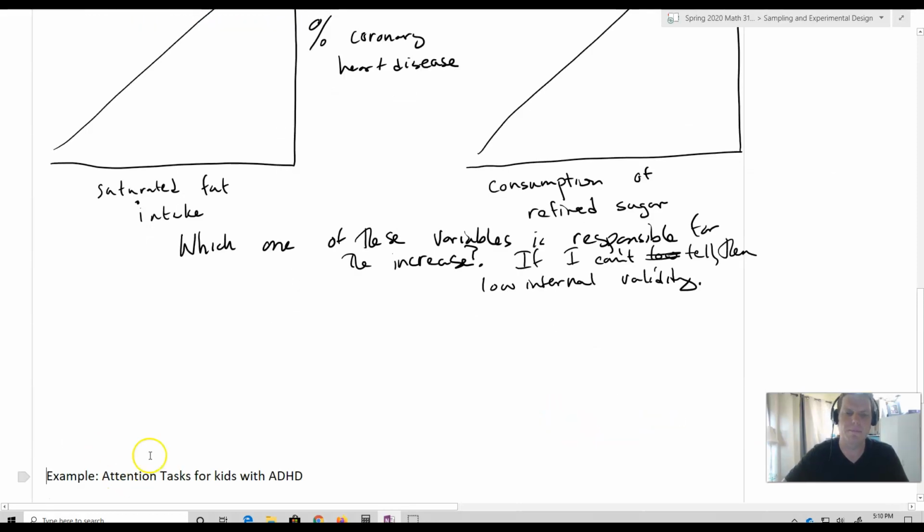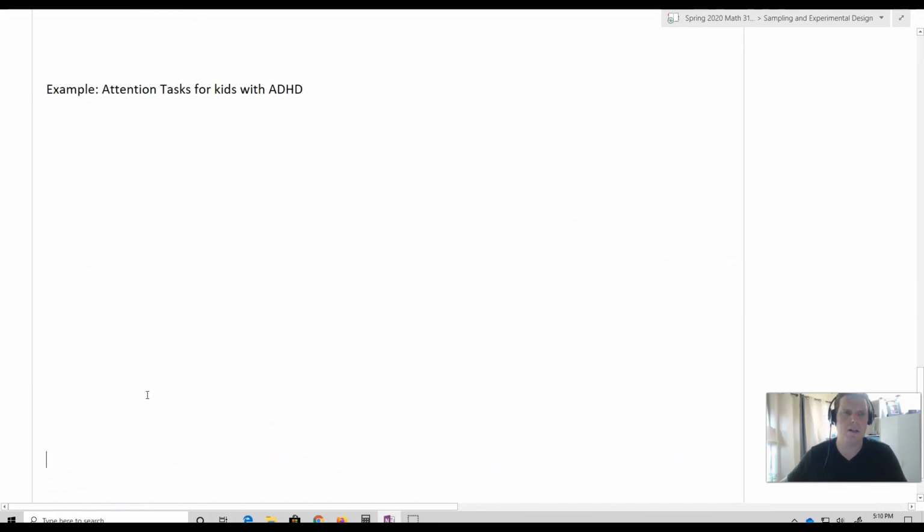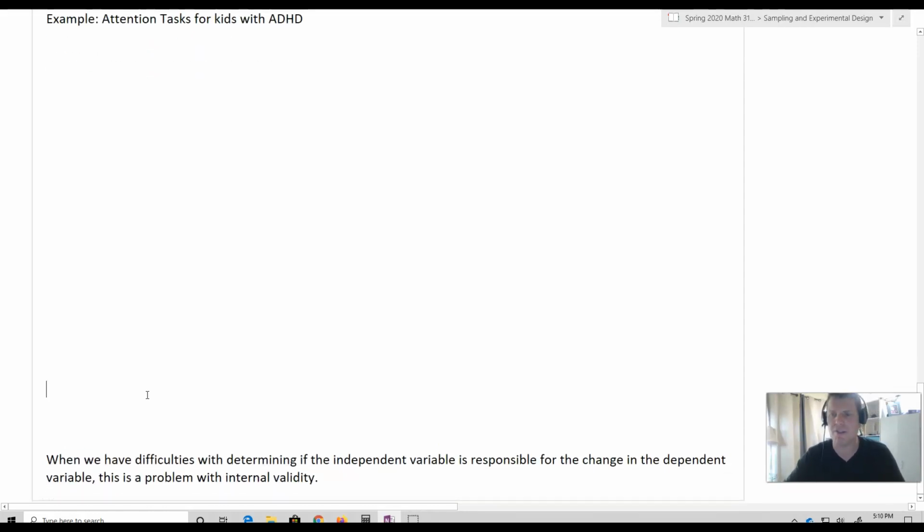Give you another example. Oftentimes, there's a lot of pressure on researchers to show that their interventions are actually the things that are helping, right? Say, for example, you've got an intervention for ADHD, and you're looking at some attention tasks for kids.